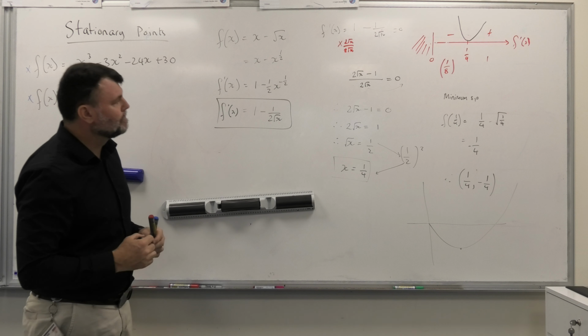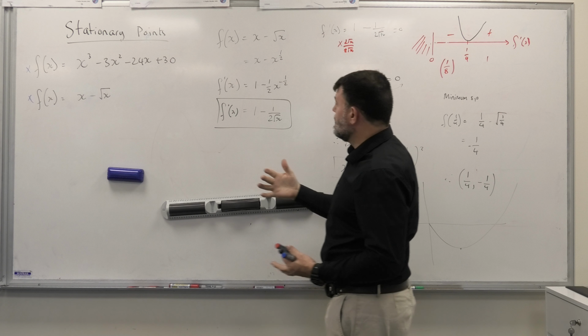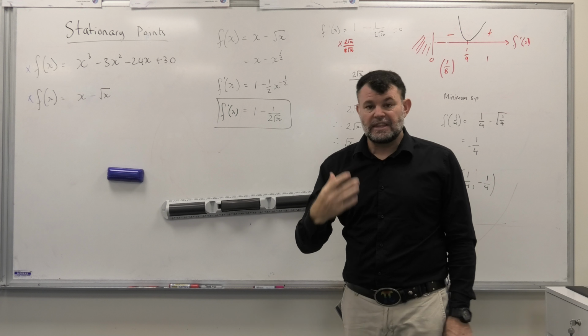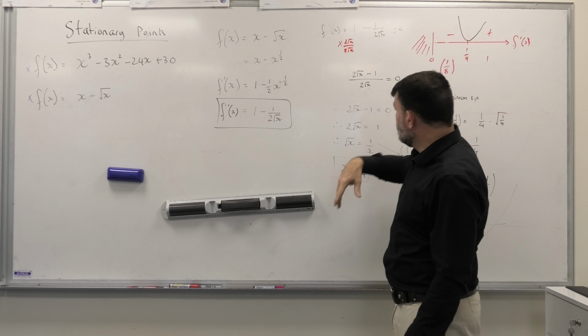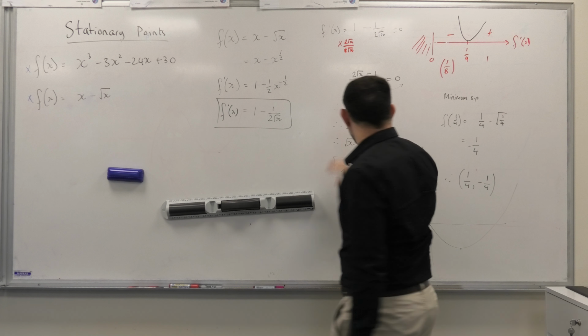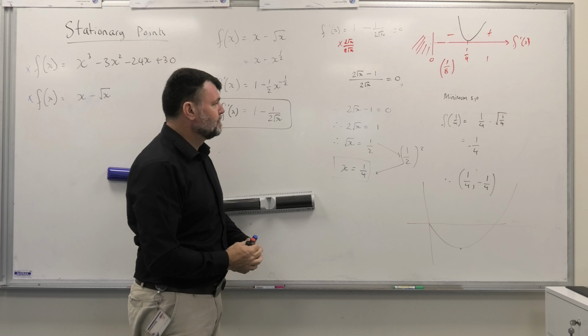So, how do we work with stationary points again? First thing we do is we differentiate the function. Once we differentiate the function, we want to equate that to 0, and that's going to give us the critical points, the possible stationary points.